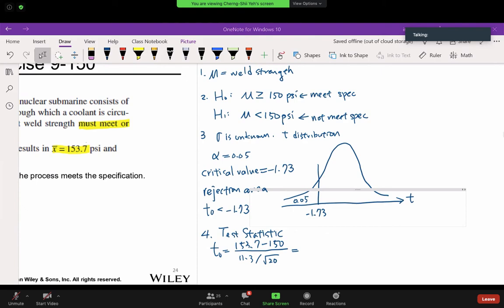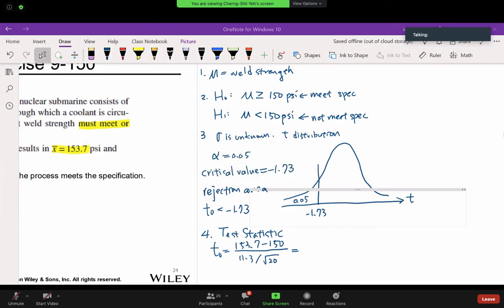Interesting. Okay, so let me do a quick calculation over here. Subtract 150, divided by square root of 20.